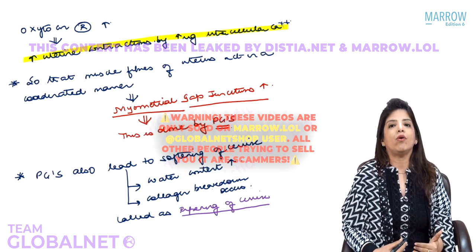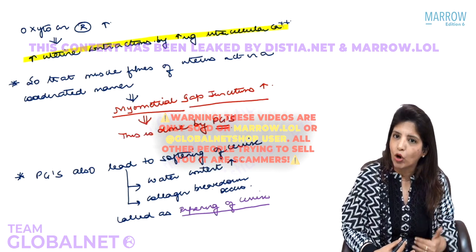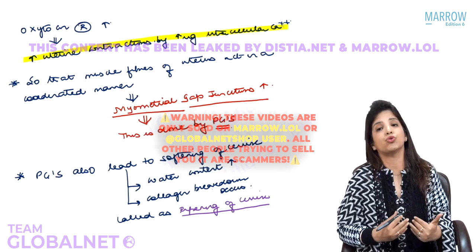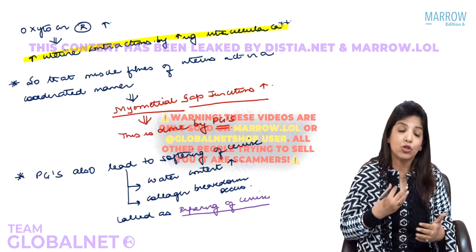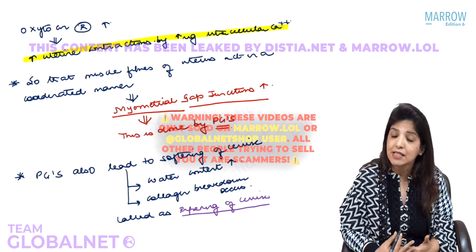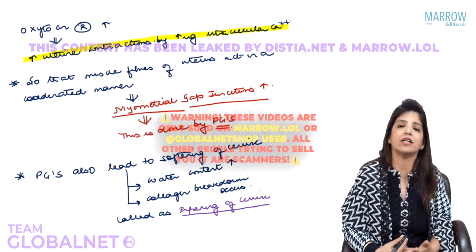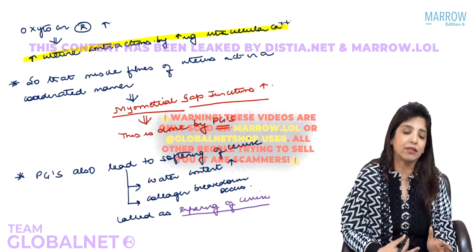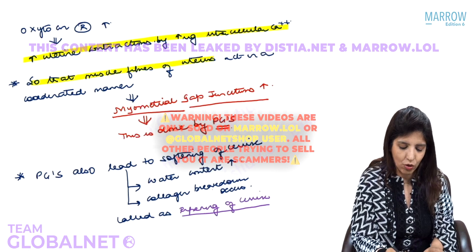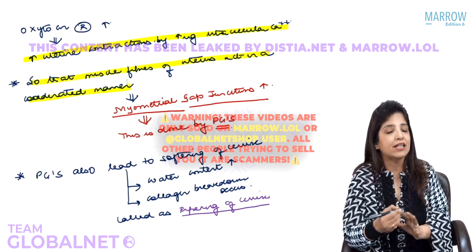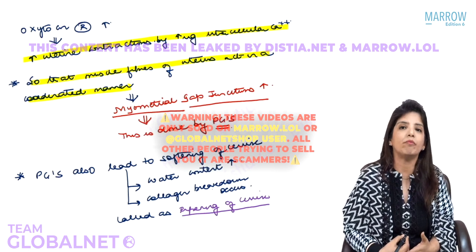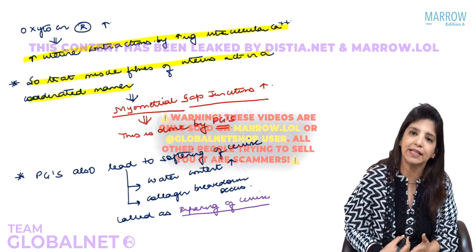Right? Now, one thing which is very important at the time of labor is that the uterus should contract in a very coordinated manner. So that the muscle fibers of the uterus contract and act in a coordinated manner, the myometrial gap junctions increase.